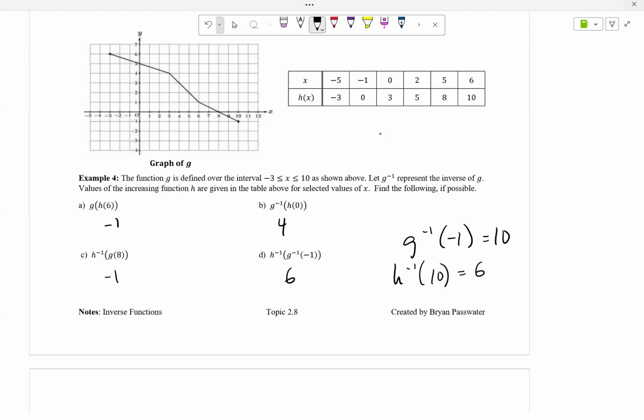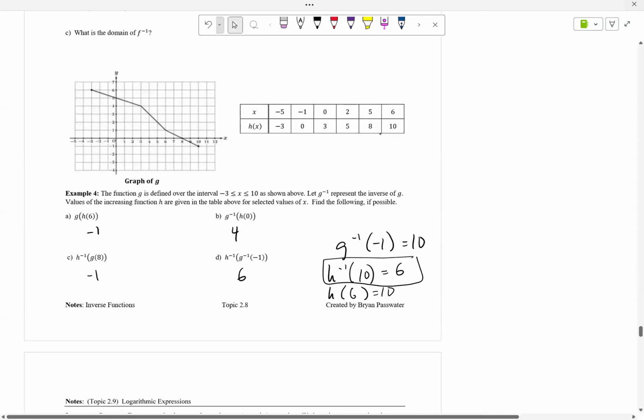Okay, are we good with this? H of 10 equals 6? Yeah, because this is just asking H of what equals 10. The answer is 6, so yes. There we go. It's like a logarithm.